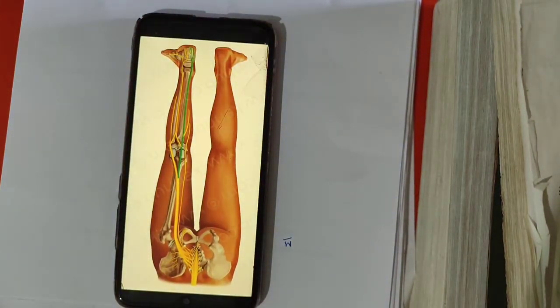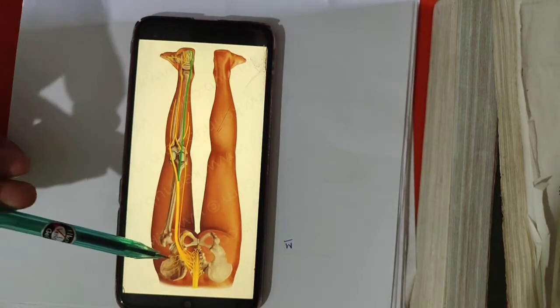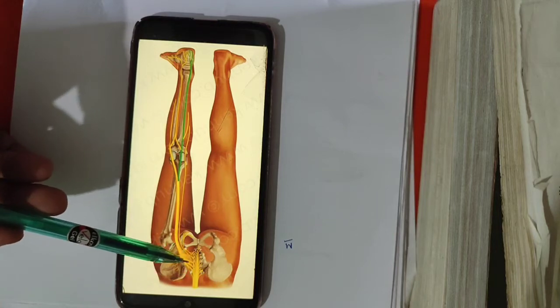We can understand this by this picture. I have already told about the sciatic nerve, which is composed of two parts: one is the tibial part, another is the common peroneal part. Look, this is the lumbosacral plexus.